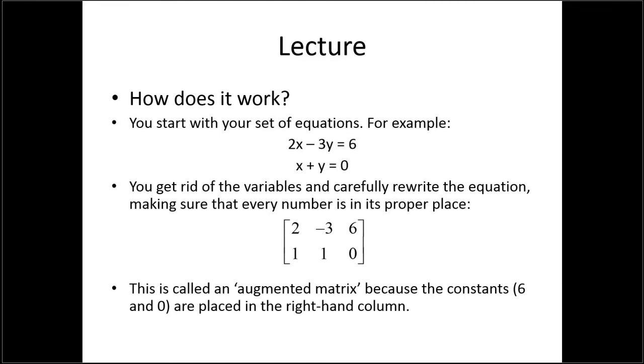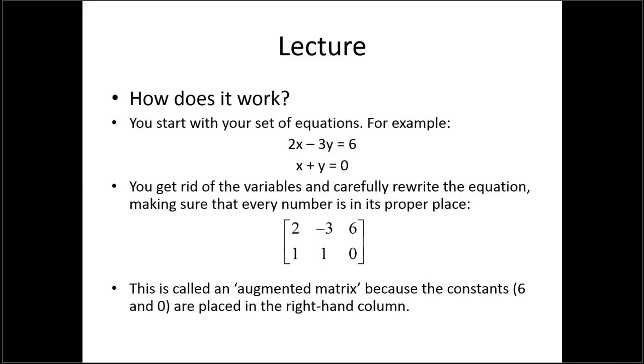Starting from the beginning, this example will look familiar because you just saw it a few slides ago. We have 2x minus 3y equals 6 and x plus y equals 0. The way we do it is we strip away all the x's and y's and we just write the numbers, making sure they're lined up correctly.